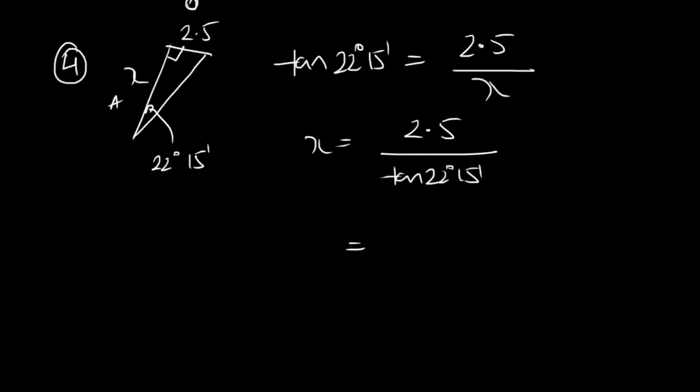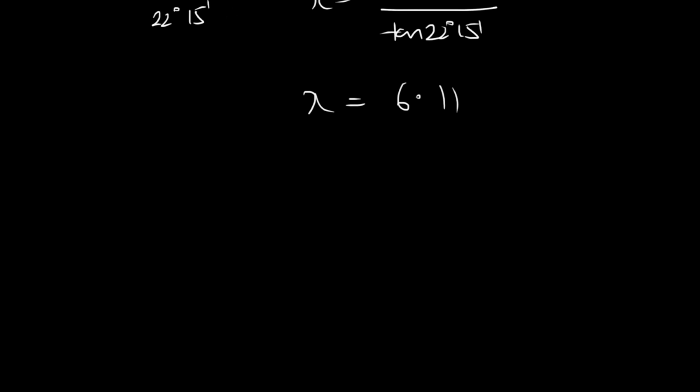Press that once for degrees, then type in 15 and press that once again for the minutes. Both of them will look like a small square, but the calculator understands what you've typed in. Now if we press equals, we'll get x as 6.11. And so this is probably a slightly harder case of trig, but it's nothing too crazy.